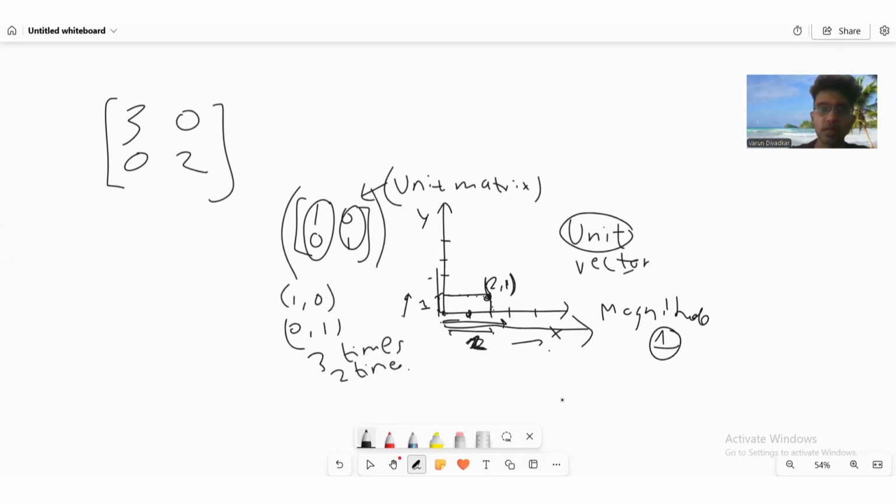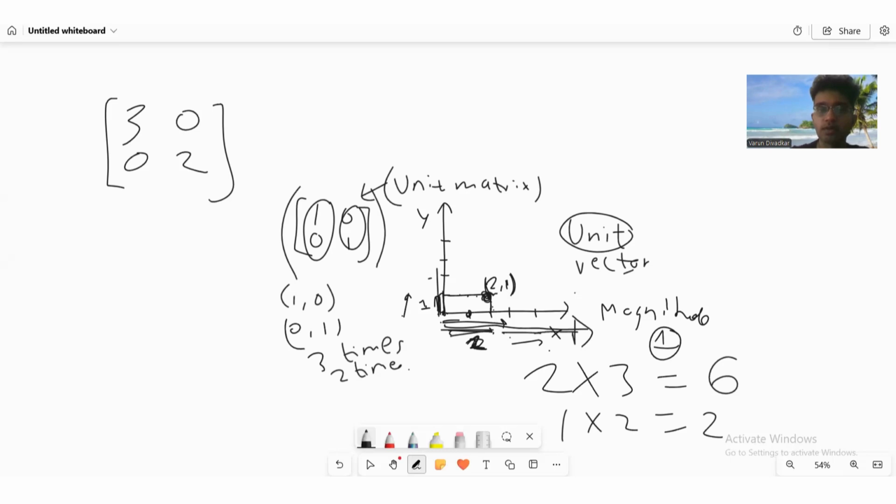So your original coordinate, which was 2 in the x direction, has become now 2 into 3 equals 6, right? And then your original coordinate in the y direction, which was 1, has now become 1 into 2, which is 2.